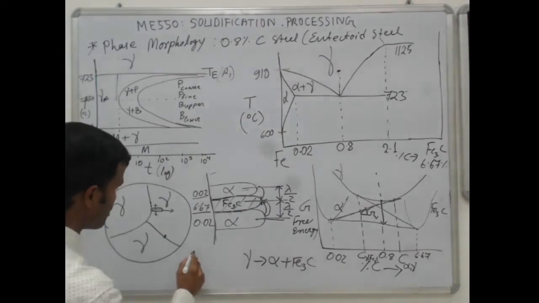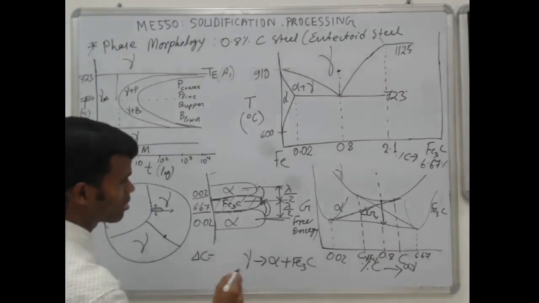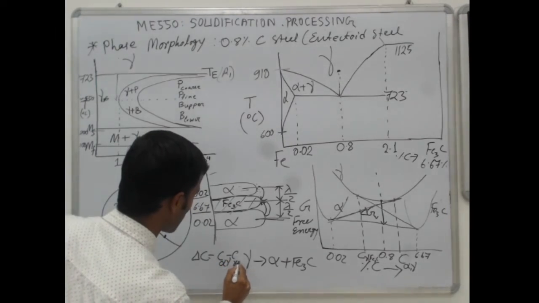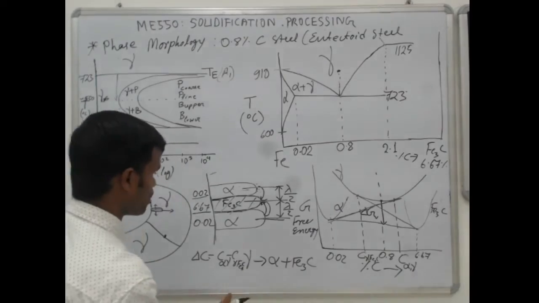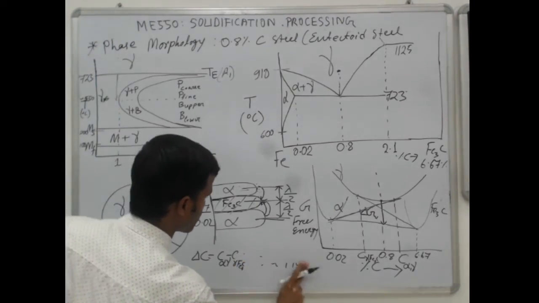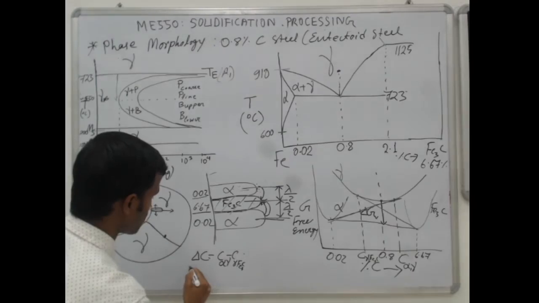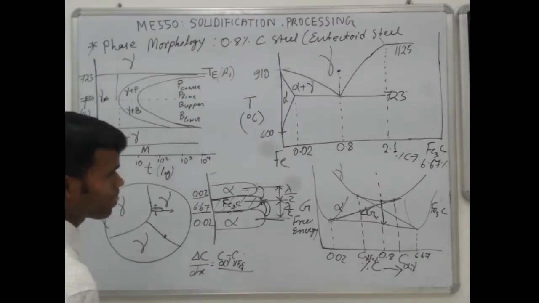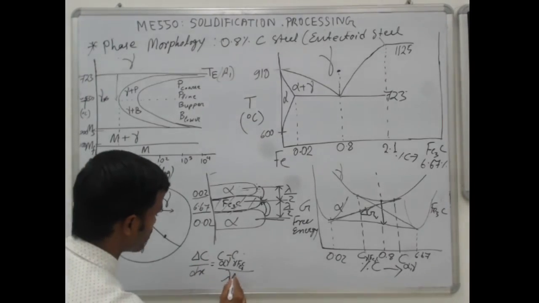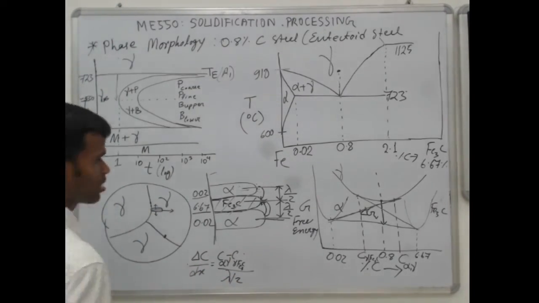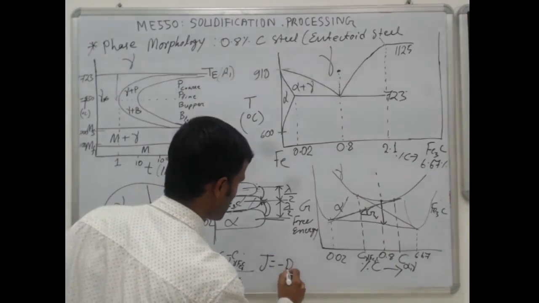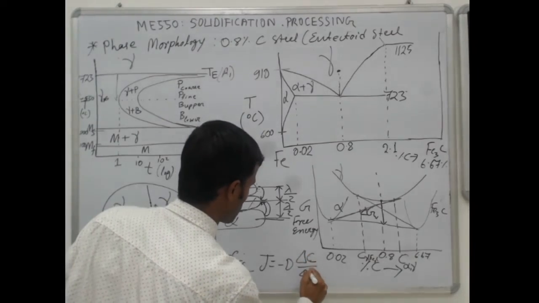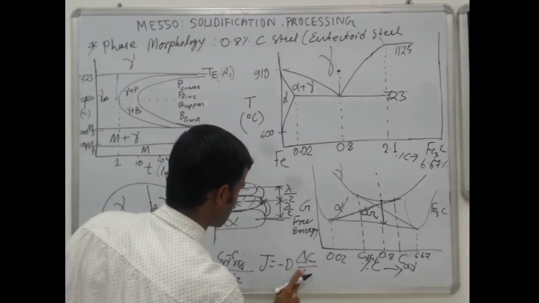So you have delta C is C alpha gamma minus C gamma Fe3C. This is the concentration difference and the distance is lambda by 2, so dC/dx is this divided by lambda by 2. So the flux will be minus D delta C by delta x, where delta x is lambda by 2.